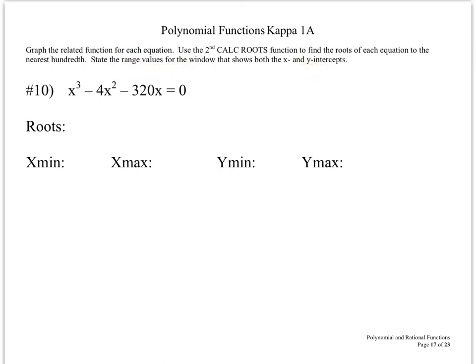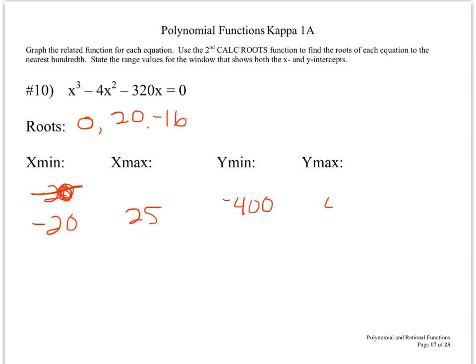If you do this, you will find the x-intercepts for this problem are 0, 20, and negative 16. A possible window that you could use for this is x minimum negative 20, x maximum 25, y minimum negative 400, and y maximum 400. This is not the only window you could use, it's a window that works.